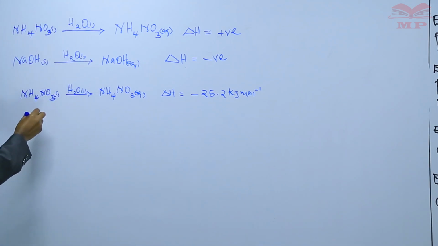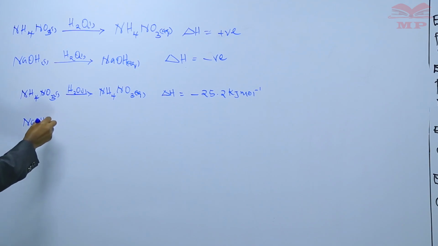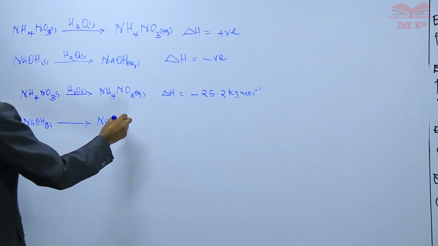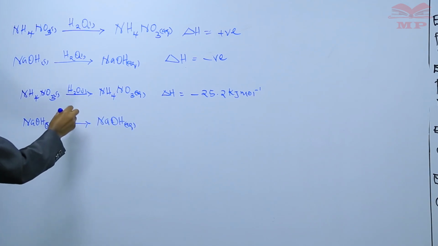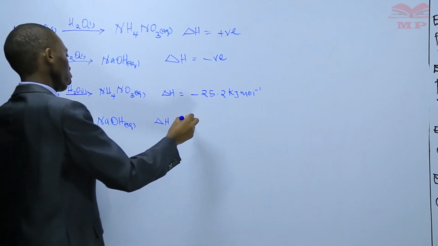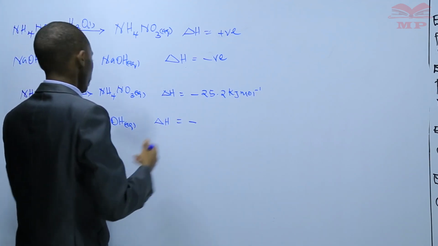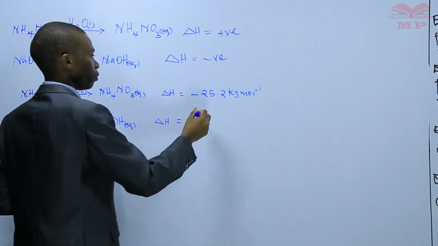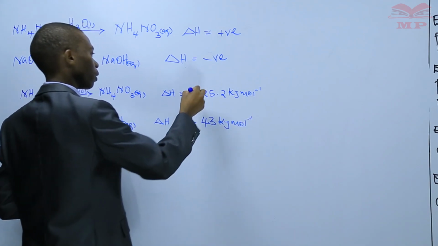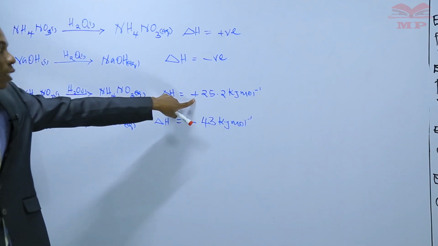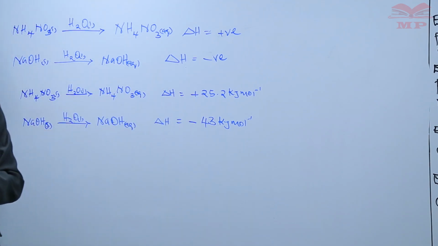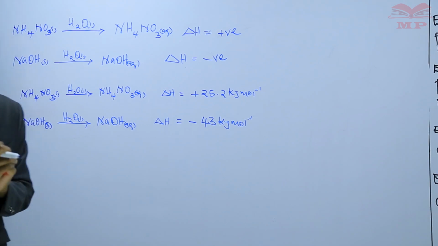Then for the sodium hydroxide, when you dissolve it in water, then the enthalpy change will be negative 43. So this is positive because energy is gained from the surrounding. This is negative because energy is lost to the surrounding.